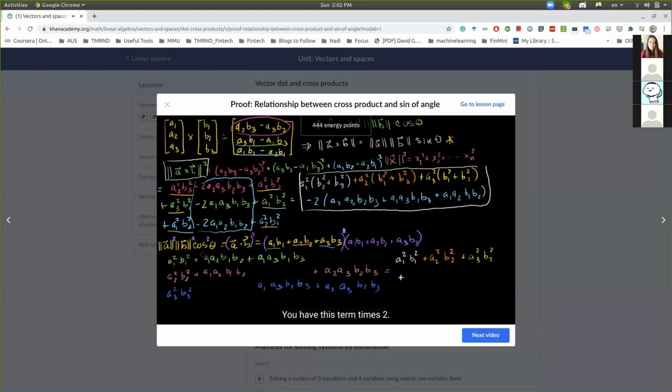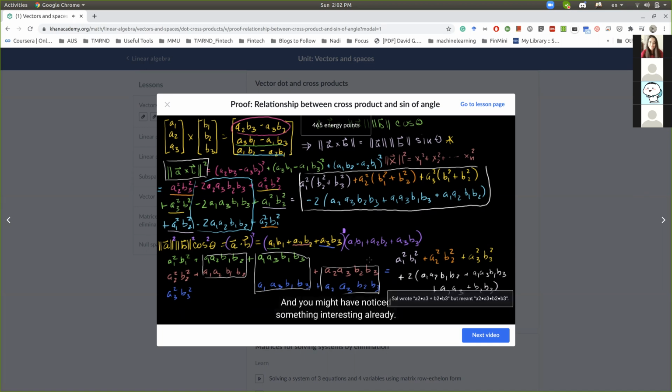You have this term times 2, this term times 2, and this term times 2. So plus 2 times a1 a2 b1 b2, that's that term, plus this one right here, a1 a3 b1 b3. Finally, plus this one, a2 a3 b2 b3.